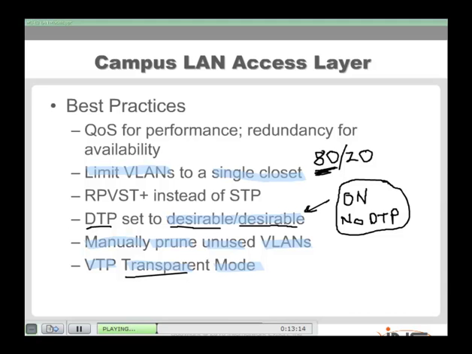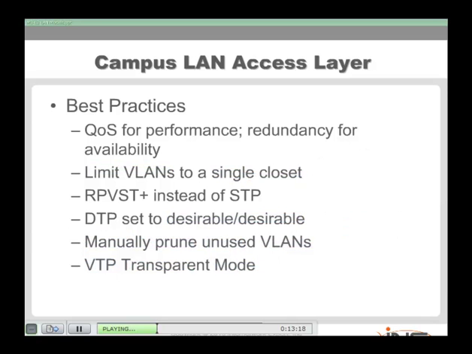But this isn't the only recommendation they give us for the access layer. They tell us that with our access ports, we should disable their ability to trunk. So we go to the access ports and we say, no, no, no, don't ever potentially become a trunk.